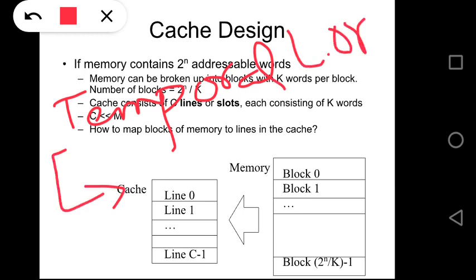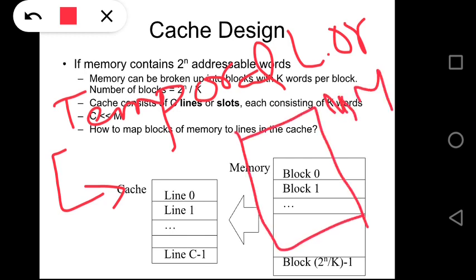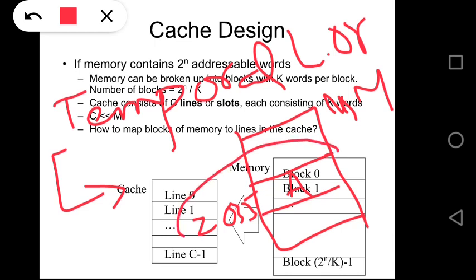Temporal locality of reference is that when you access a particular word in the main memory, let's assume this is main memory, and the processor accesses a particular word, then it is an estimation that this same memory word would be accessed in the near future.